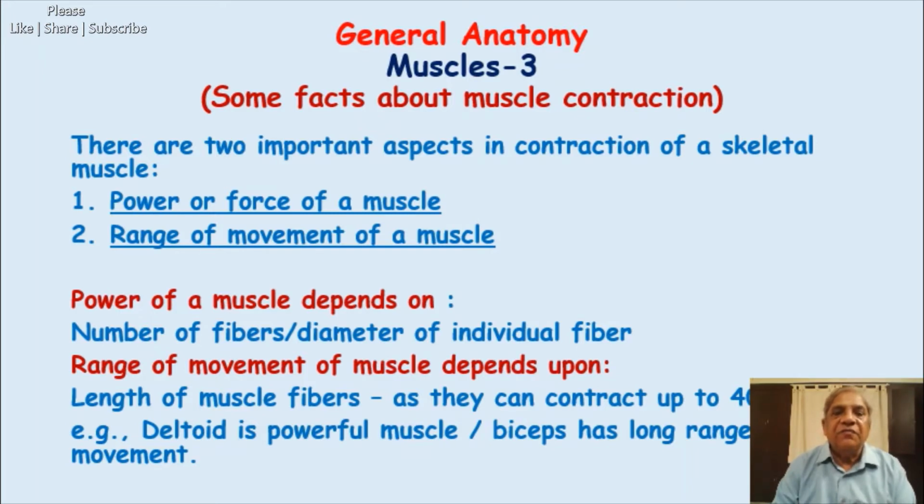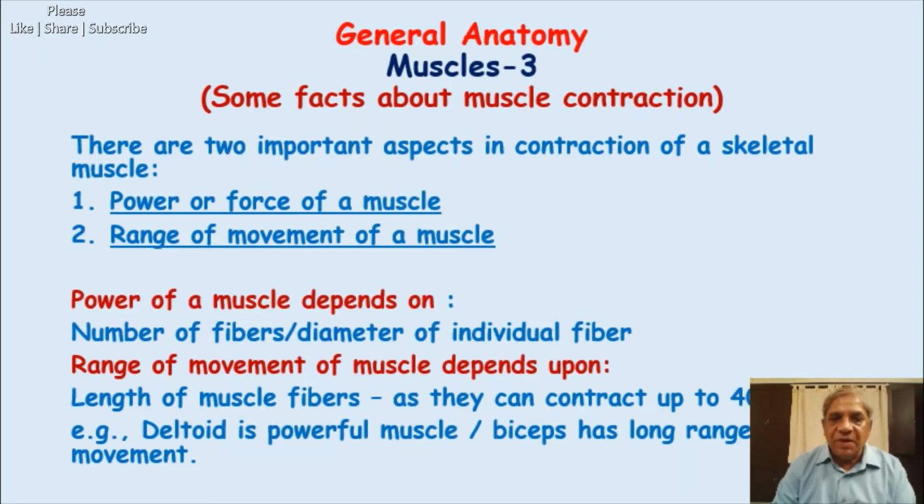This covers a wide range of movement, from a straight upper limb, then the elbow joint begins to flex or bend, and the forearm comes close to the arm. So a wide range of movement is possible because of the contraction of this muscle. These are the two aspects of muscle contraction: power and range.